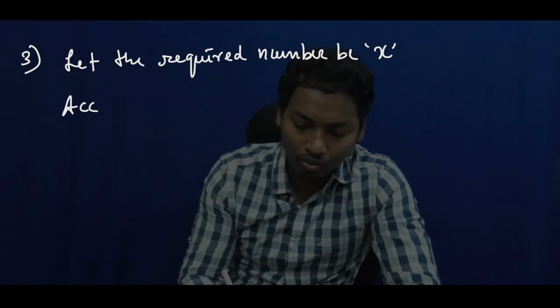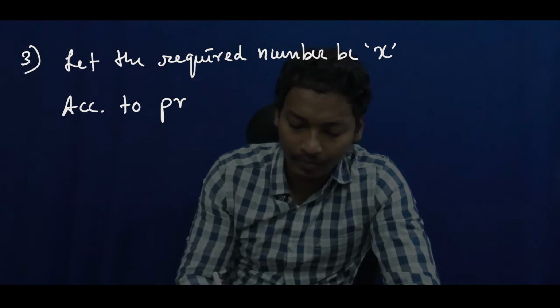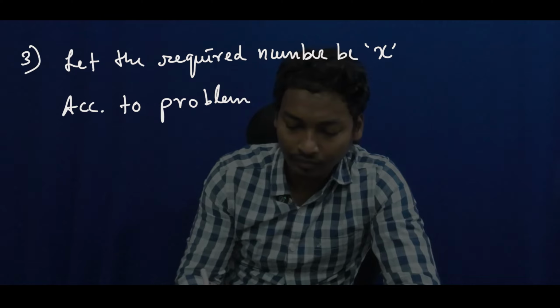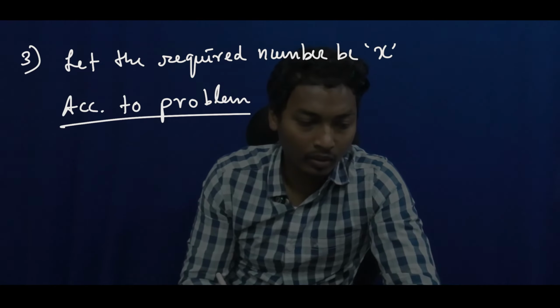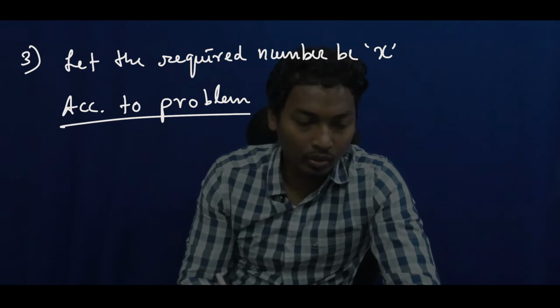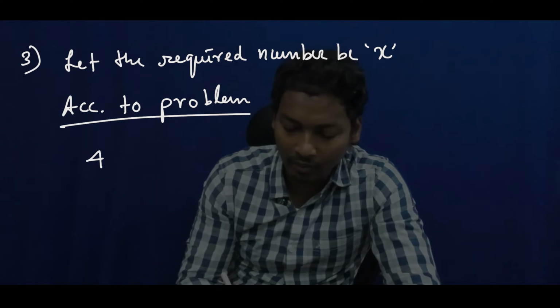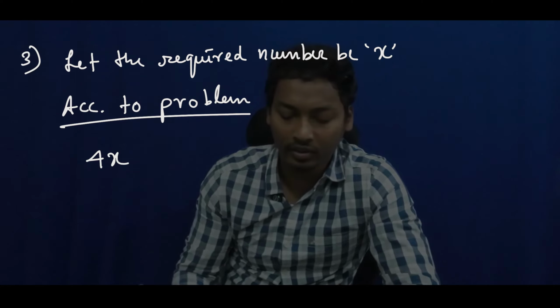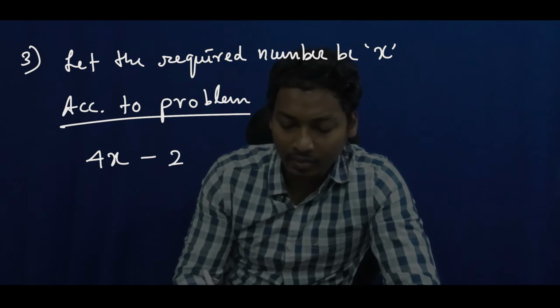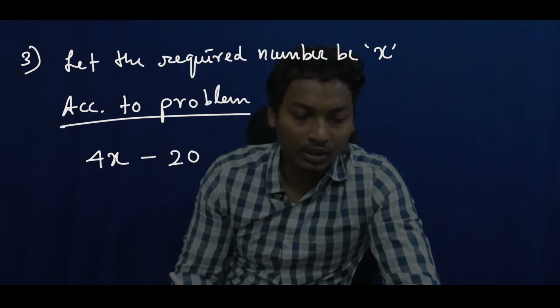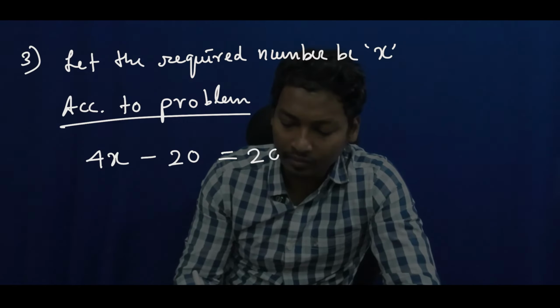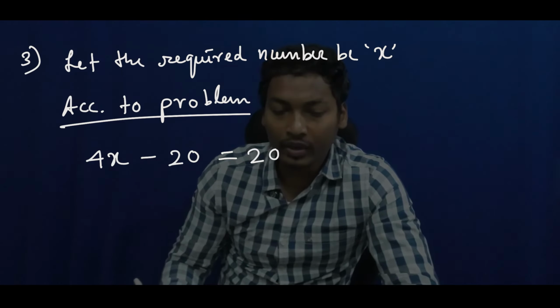So according to the problem, 20 subtracted from 4 times a number. So 4 times a number will be 4 into x, that is 4x, and 20 is subtracted from that, then we get 20 as the answer. So here we have got our equation.